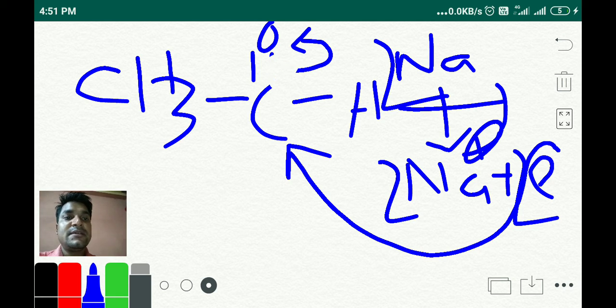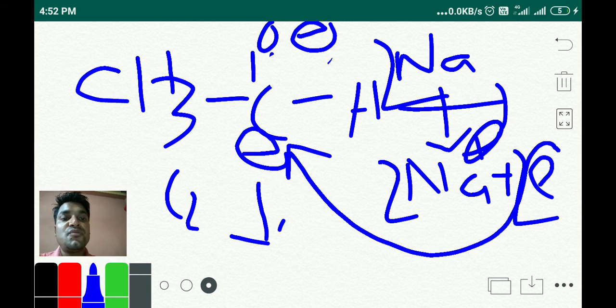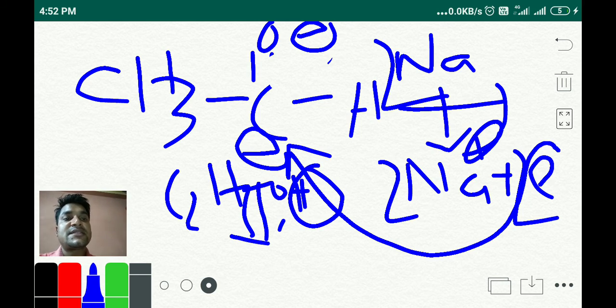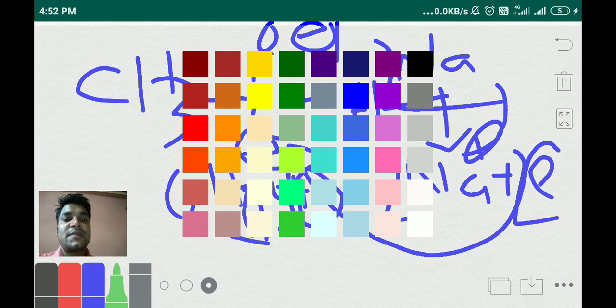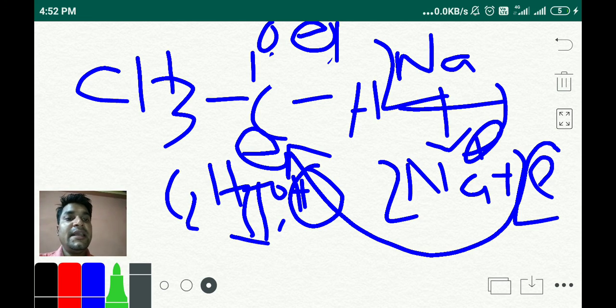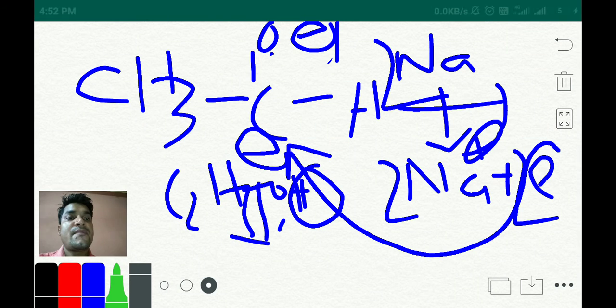In that case, a negative sign occurs here and a negative sign also occurs here. If you add C2H5OH, this H plus is added over here, and over here as well.